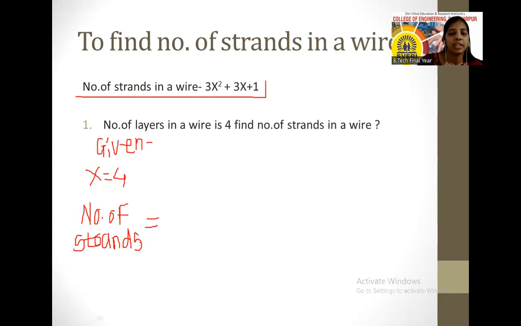Okay, so for finding the number of strands, which formula we have to use? 3x square plus 3x plus 1.